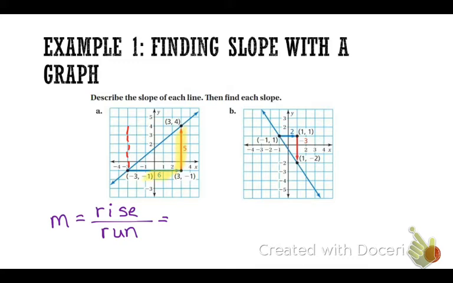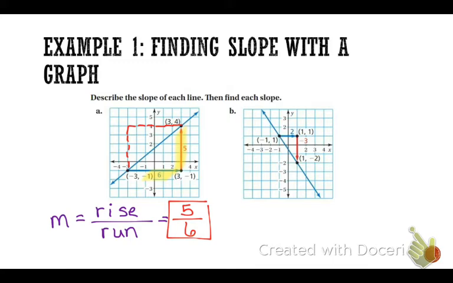So that's why we see a 6 written down there on the bottom, because I go 1, 2, 3, 4, 5, 6 units over to get to my second point. So all you're going to do is write that into a fraction. I rose 5 units and I ran 6 units. Can that be reduced at all? 5 over 6. Nope, can't be reduced. So that's my slope.